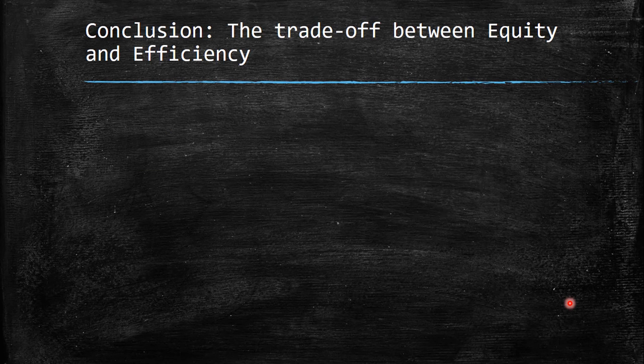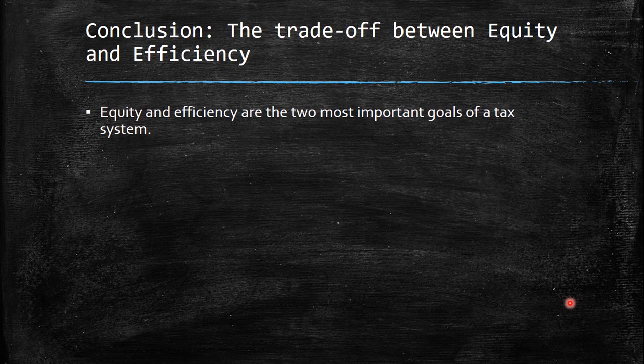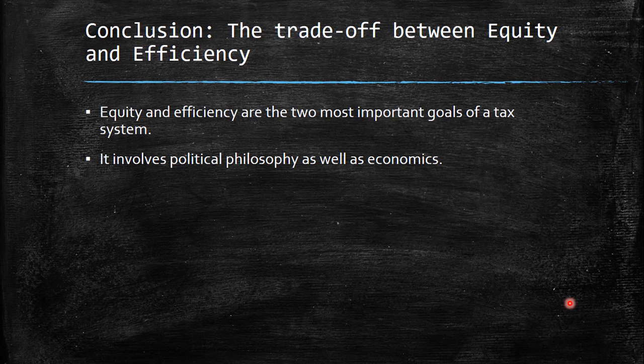Just a conclusion: equity and efficiency are the two most important goals of the tax system. You need to find a middle point in order to have the best scheme possible. And we need to say that it involves political philosophy as well as economics.